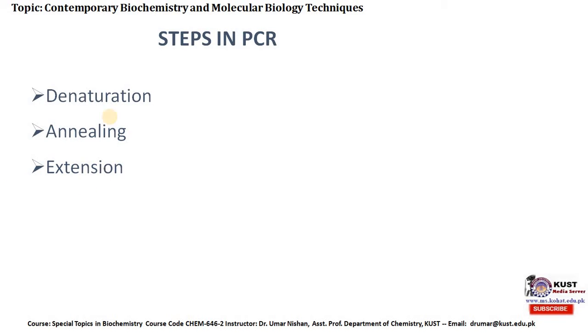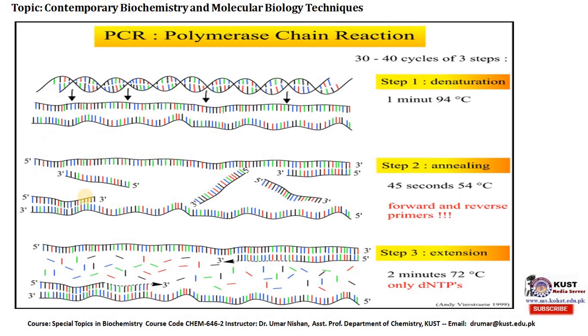And then is the phase of extension, where after the primer attachment, the DNA polymerase is provided with the environment to be able to add complementary bases to the parent strand. So these three are the major steps of conducting a PCR reaction, and we are going to talk about this in greater detail in the coming slides.